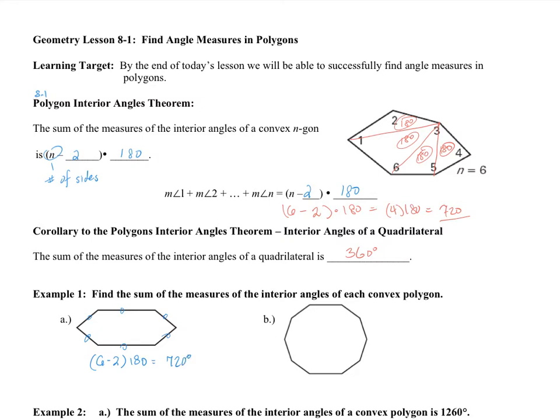And then for the next picture here, we have 1, 2, 3, 4, 5, 6, 7, 8, 9, 10 sides. So 10 minus 2 times 180 degrees will give you 1,440 degrees.